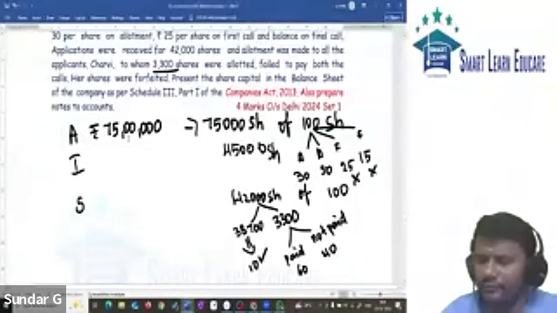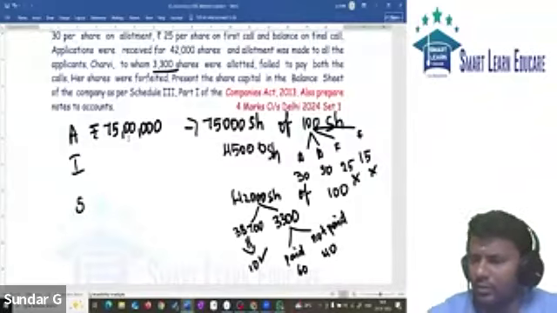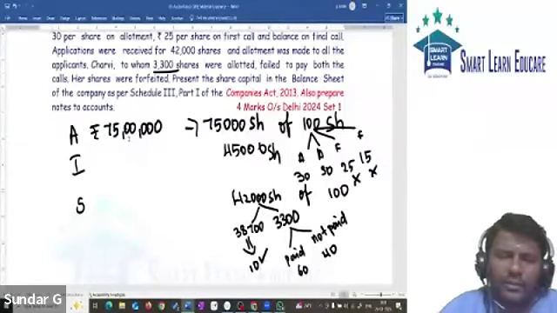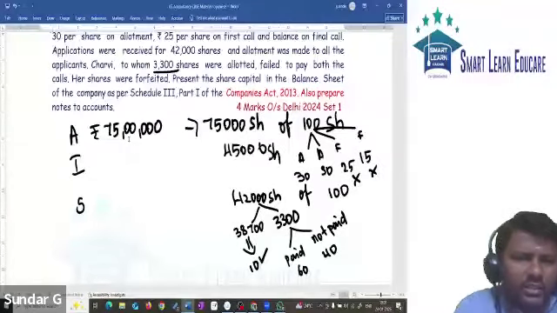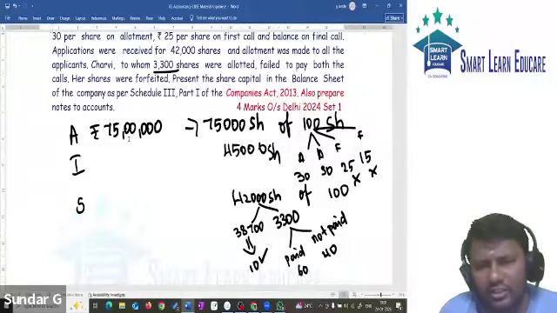Okay. First information. In the question they didn't ask for journal entry. If you write the journal entry, it is wrong.